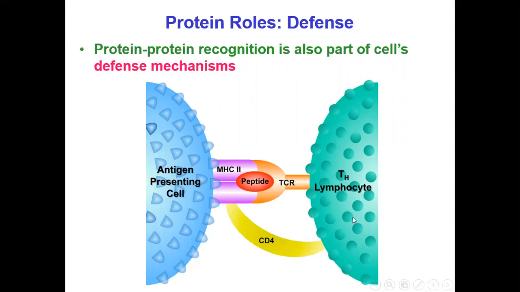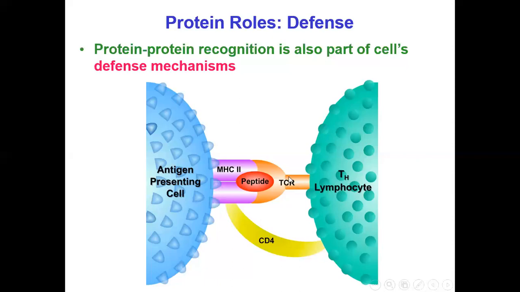It is possible because the T lymphocyte has a receptor called the T cell receptor, which knows how to recognize specifically the complex of the foreign peptide with the MHC protein of the first type of cell. So this is a direct binding that mediates a recognition between two defense cells.